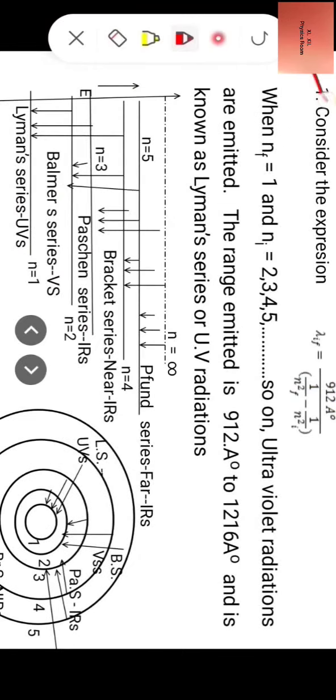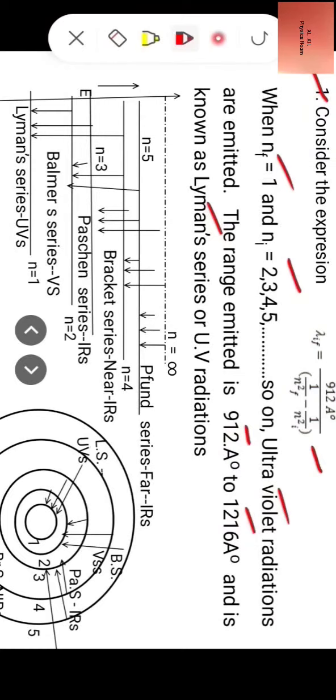Now, case 1, consider the expression lambda IF is equal to 912 divided by 1 by nf square minus 1 by ni square angstrom. When nf is equal to 1 and ni is equal to 2, 3, 4, 5, and so on, ultraviolet radiations are emitted. The range emitted is 912 angstrom to 1216 angstrom and is known as Lyman series or UV radiation.